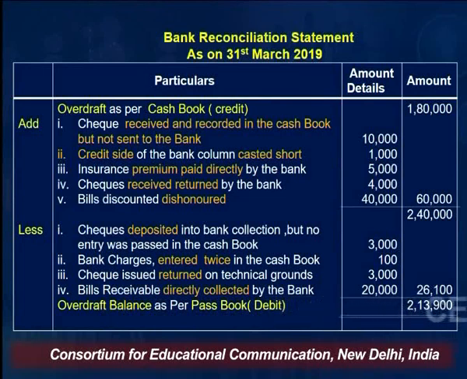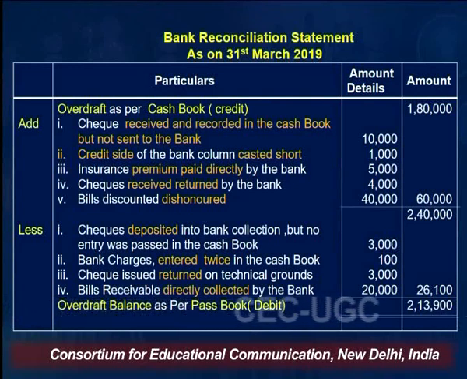The first entry here is a check received and recorded in the cash book but not sent to the bank. We have received a check from our debtor and recorded this transaction on the receipt side, that is the debit side of the cash book, but it is not sent to the bank. So there is no entry in the bank account. The bank has not credited our account.